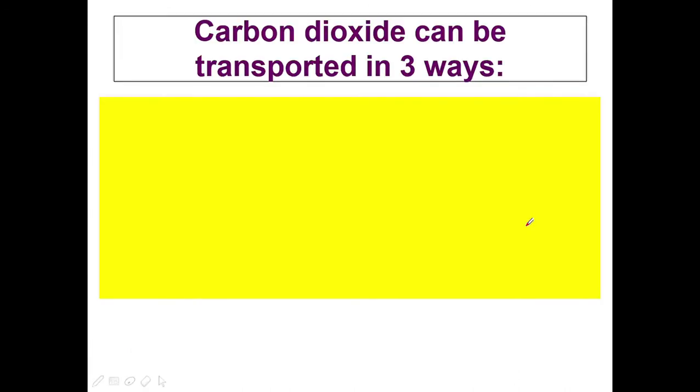Alright, so we have learned how oxygen is carried in the blood circulatory system, that is in the form of oxyhemoglobin. So now we will learn how carbon dioxide is transported back to the lung to be expelled during exhalation. There are 3 ways in which carbon dioxide can be transported back to the lung.